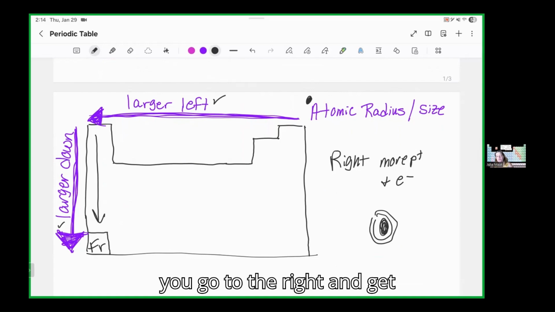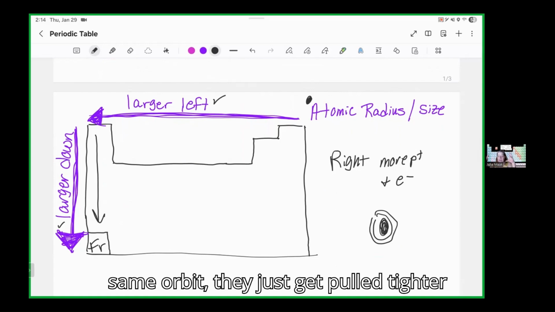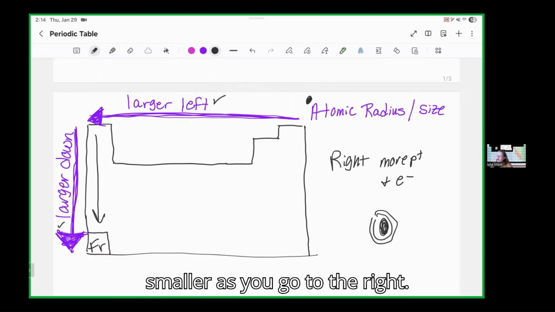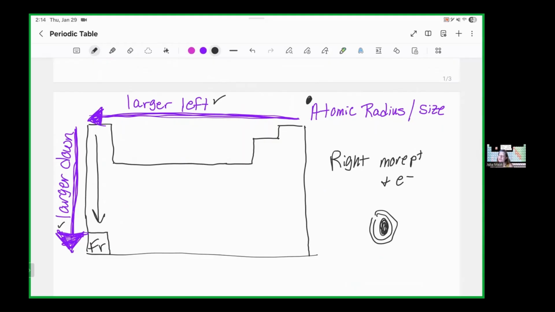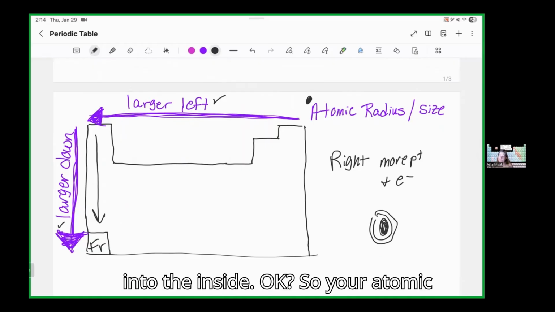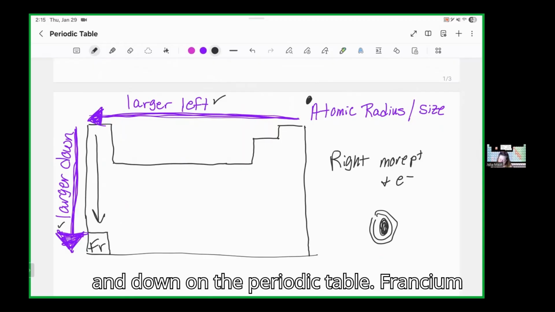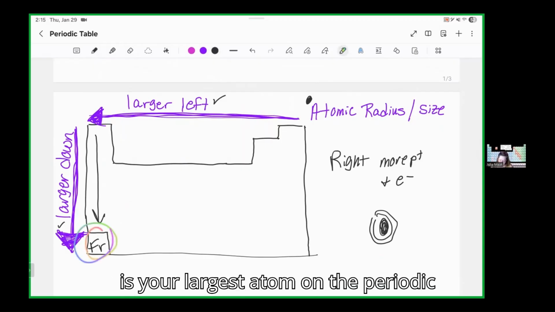Because they're all in the same orbit, they just get pulled tighter in. So it's actually smaller as you go to the right. As you go to the left, fewer protons, less pulling those electrons in. So your atomic radius gets larger as you go left and down on the periodic table. Francium is your largest atom on the periodic table.